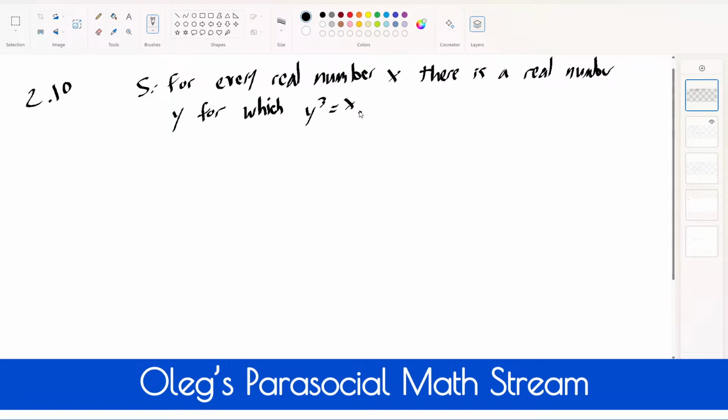Essentially, the way this works is you just cube root the x to get the y, whichever number you're looking for.